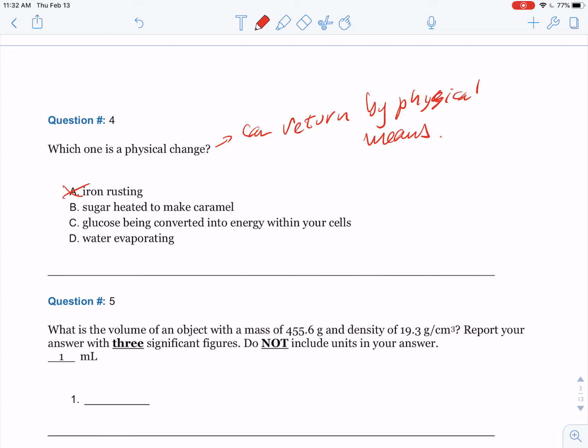The glucose being converted into energy within your cells, well, when you digest the glucose and you get energy out of it, it's not like you can go back just by physical means, so the glucose is gone. And water evaporating, this is liquid to gas, which in return the gas can go back to the liquid, so you haven't changed the chemical identity in that process, so you can go back. So the answer here is D.